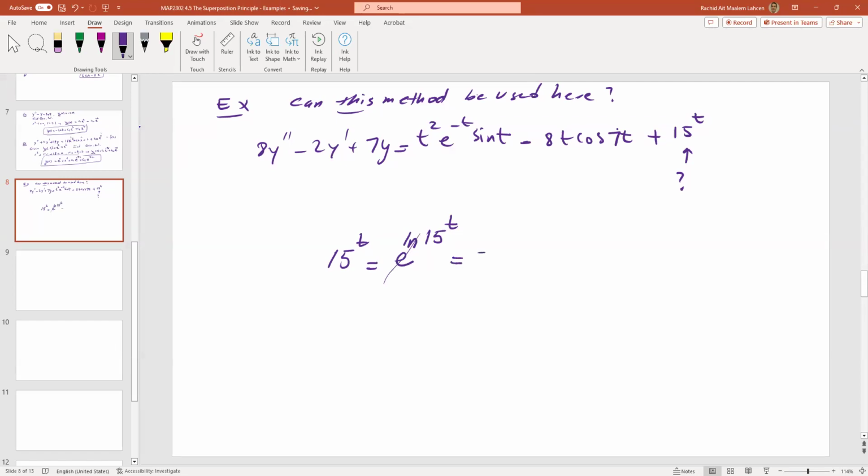Now with the power rule, it's t times natural log of 15, which is exactly natural log of 15 times t. So the answer is yes. We have what we're looking for here.